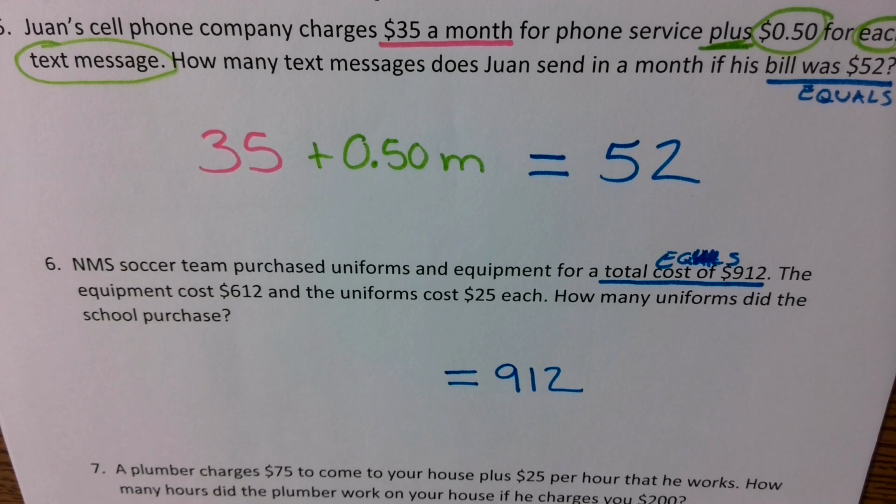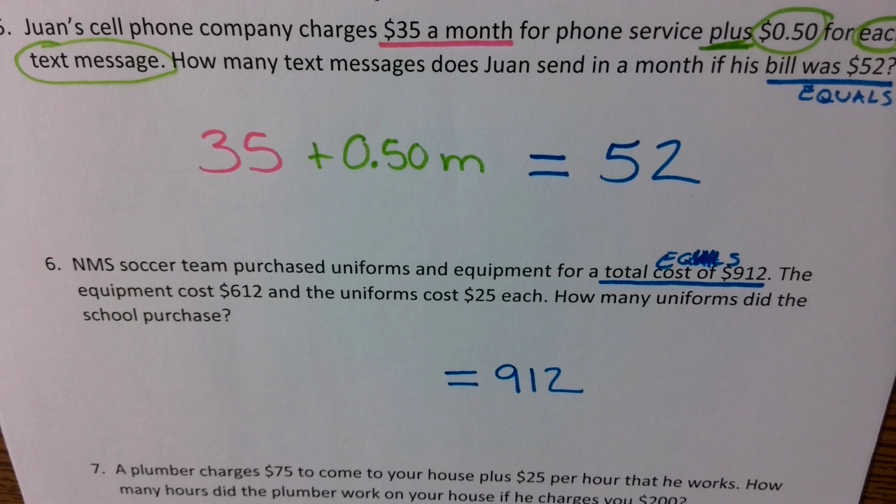What's the one-time purchase? What are we only going to purchase once in this problem? Jaden? So the 25 represents uniforms. Do we only have one person playing on the team? The equipment. You only have to pay for the equipment one time, right? Once you buy the equipment, it's there.